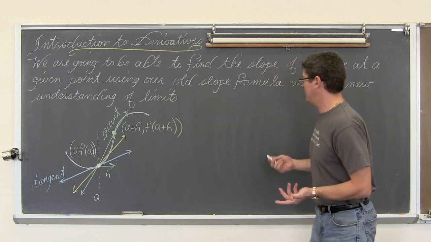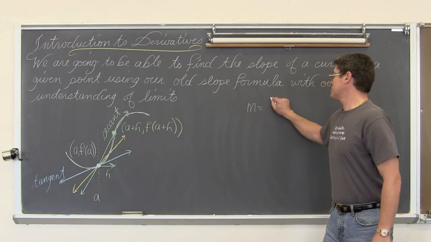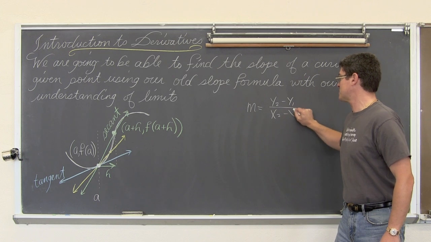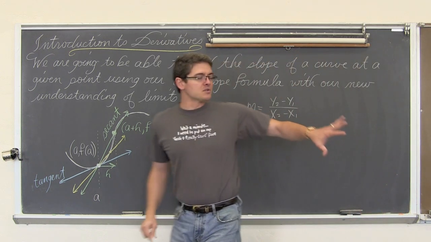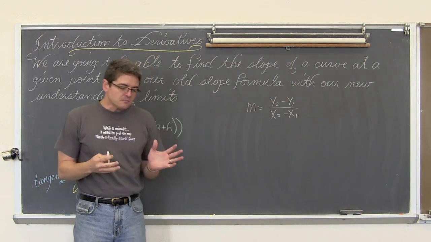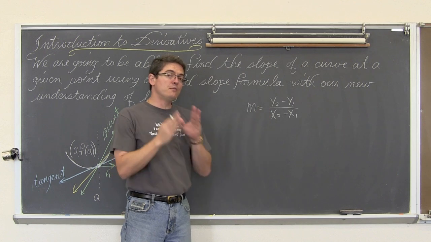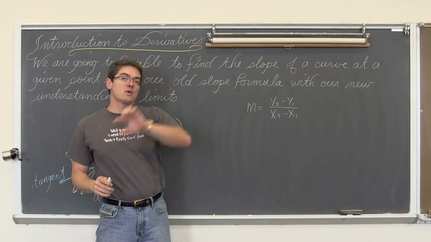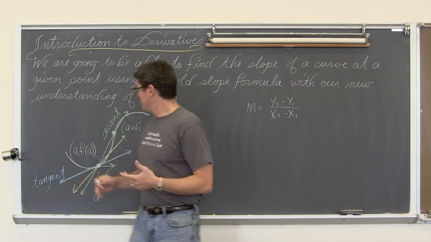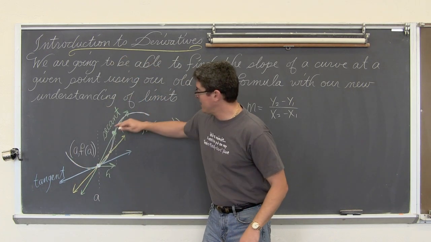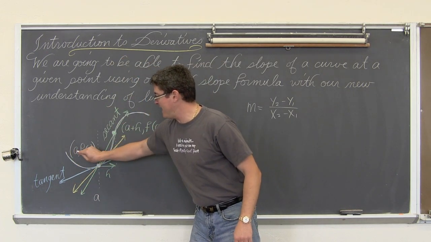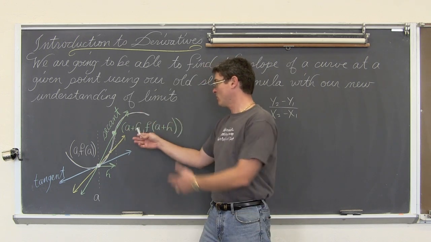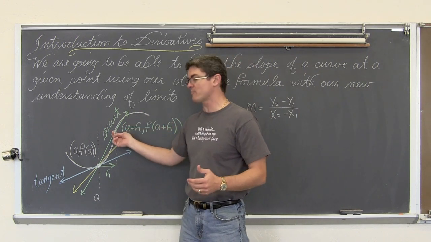But instead of just saying slope is y2 minus y1 over x2 minus x1, this old slope formula is for when you have 2 fixed points along a straight line. Here we have a green line, and it's going through this point a, f of a, and this green point, well, we're going to explain this notation in a second, but another point.